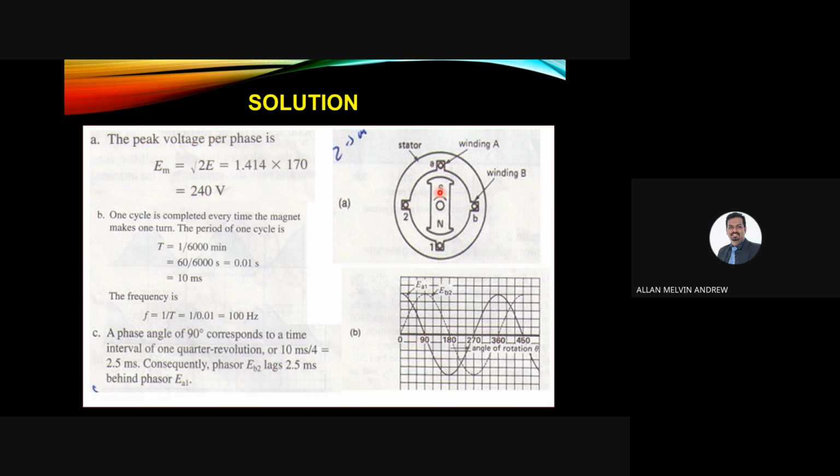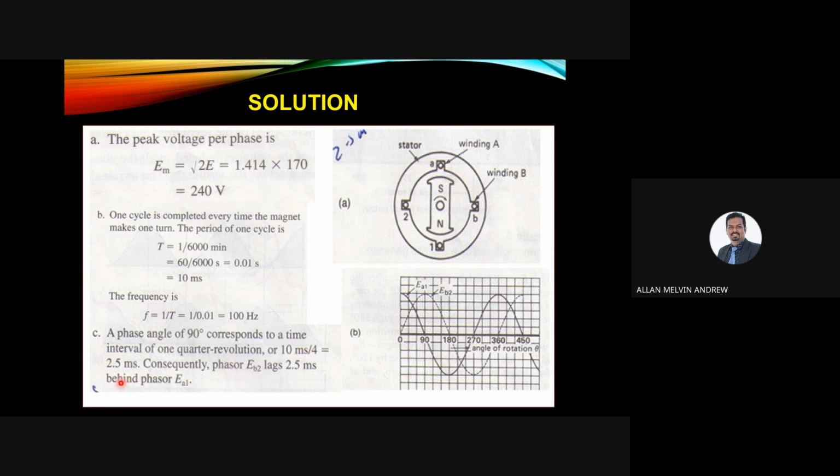From here, turning to this point is 90 degrees. You have 360 degrees for one complete cycle, so you need to divide 10 milliseconds by 4, because 90 times 4 is 360.